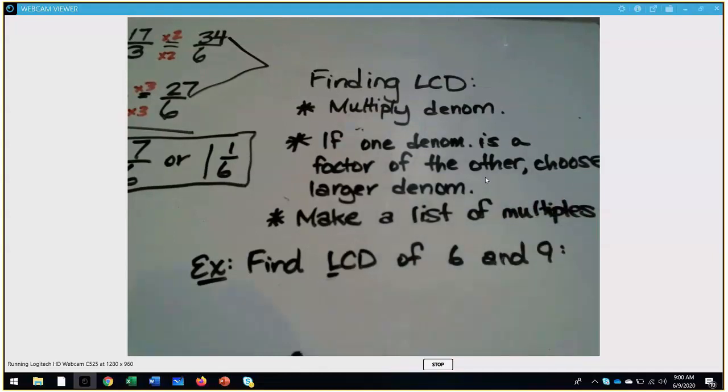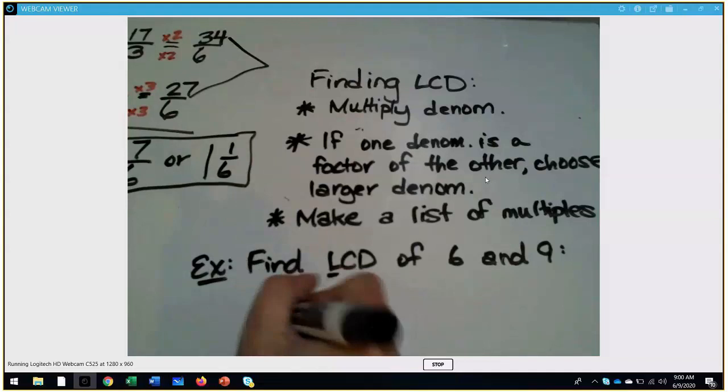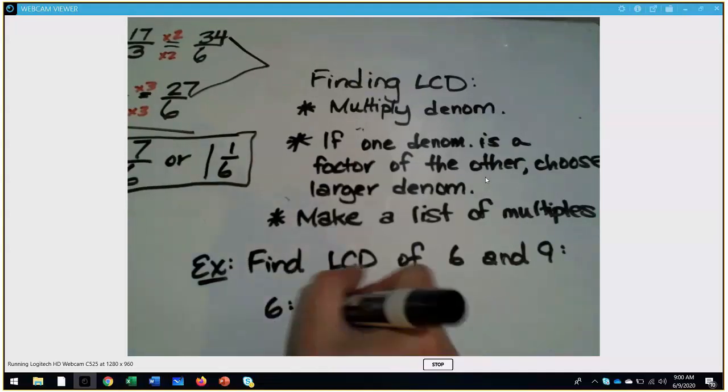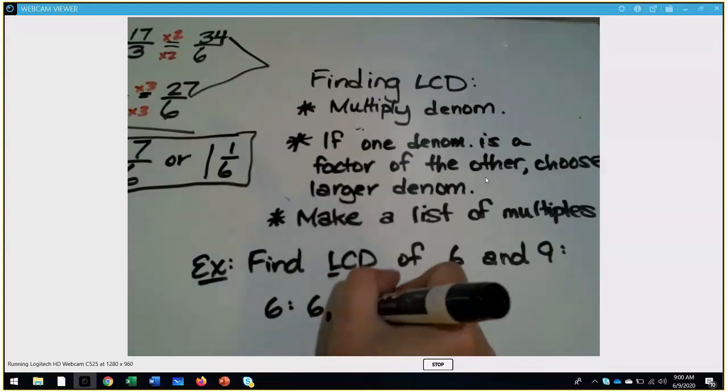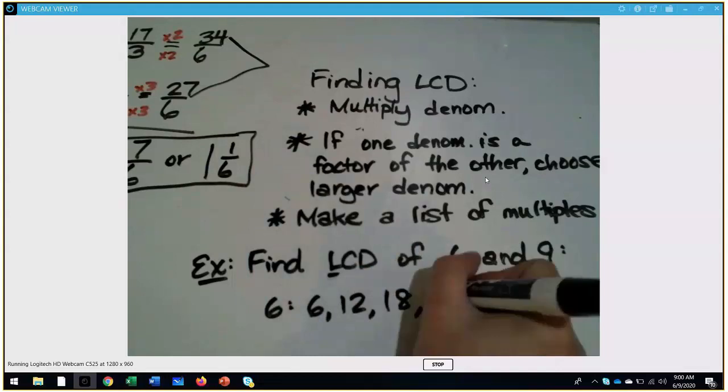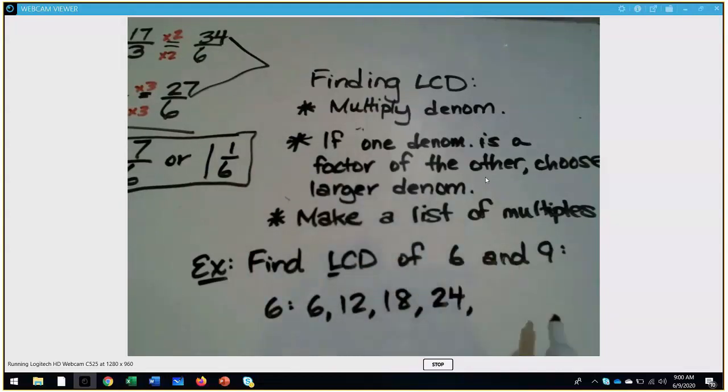Here's what I mean by that. Multiples are when you count by a number. You multiply the number times 1, times 2, times 3. You just count by the number. So the first couple multiples for 6 would be 6, 12, 18, 24, and that keeps going.